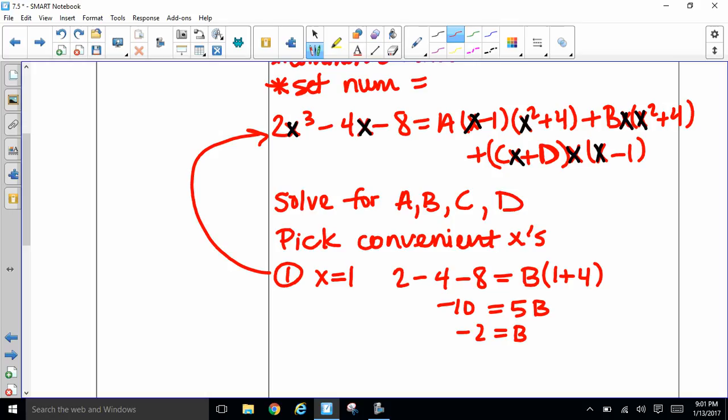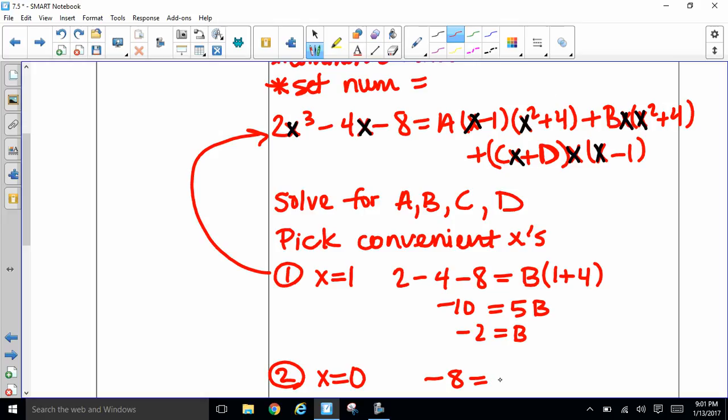All right, another choice that's easy to zero out would be this x that's on its own. Let's pick x equals 0. And again, go back up there. Well, if x equals 0, the only thing left on the left side is negative 8. I have a first term to worry about, but it's going to zero out the second term and the last term because they have plain x's in them.